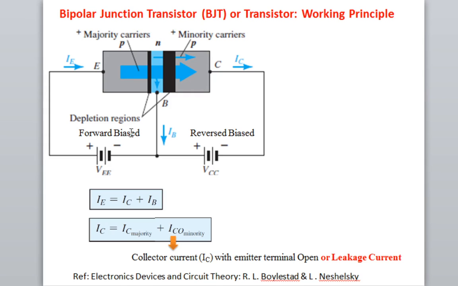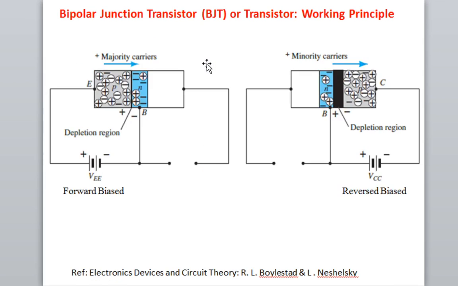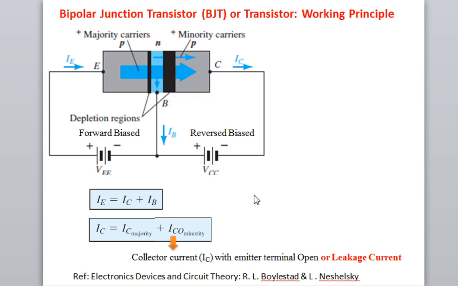This is forward bias, so the positive terminal of the battery is connected with P, and the negative terminal is connected with N. Here the positive terminal of the battery is connected with N, and the negative terminal is connected with P. That is reverse bias. So now I am combining both cases in this diagram. How will the current flow?